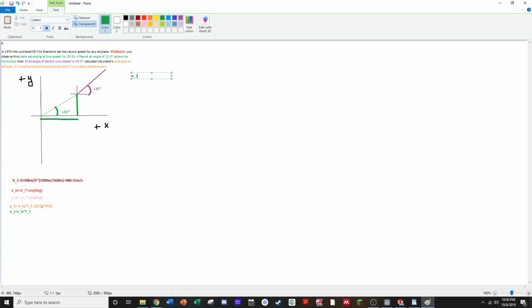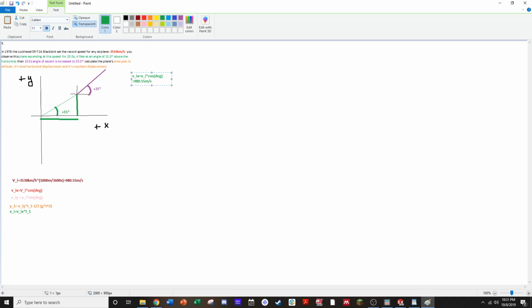So the initial velocity relative to the x direction equals v sub i times the cosine of the degree. So plugging in, that's v sub i, which is, and we're going to use our converted numbers, 980.55 meters per second.